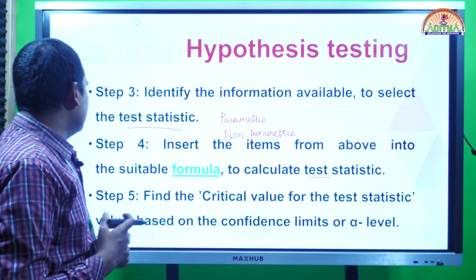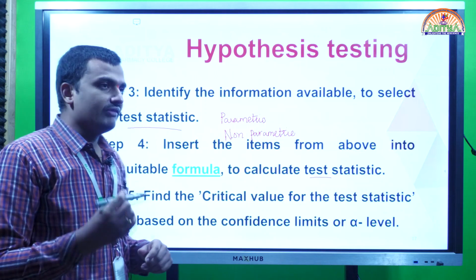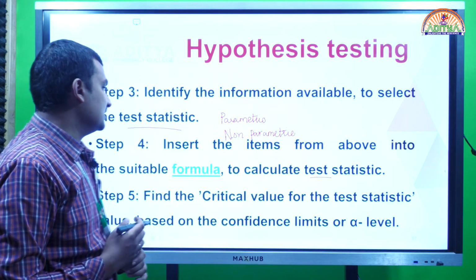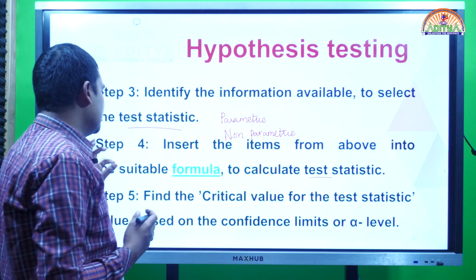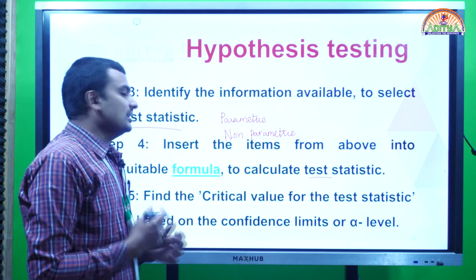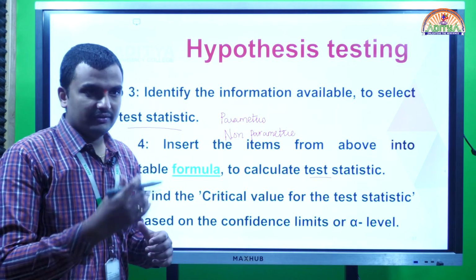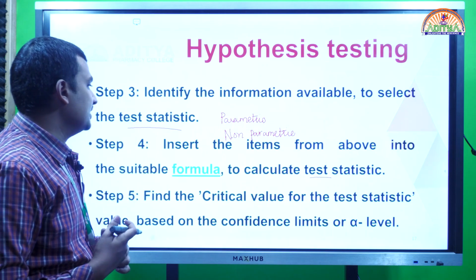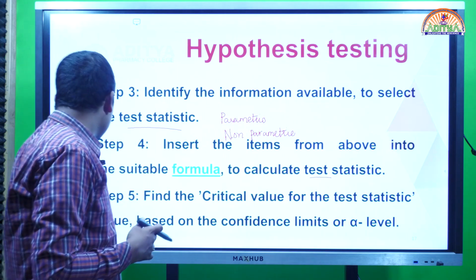Based on the test statistic value we get from step 4, you have to find the critical value for the test statistic, and you need to compare this critical value with the value which we have identified from the test statistic.